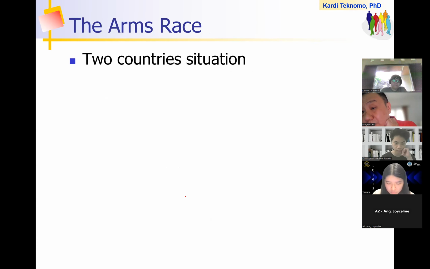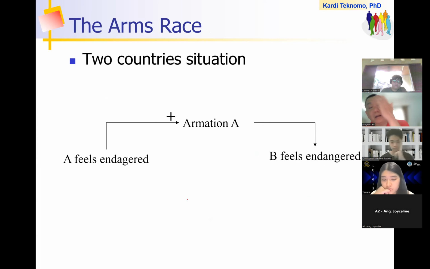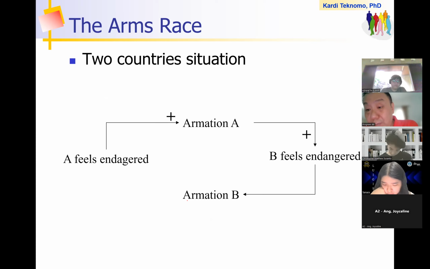The arms race that we discussed last meeting, you remember? Country A in danger will create the armament of country A. Okay, positive, right? The more armament that country A has, it will generate a threat to country B. Again, this is positive. And then it will increase the armament of country B. Again, this is positive.